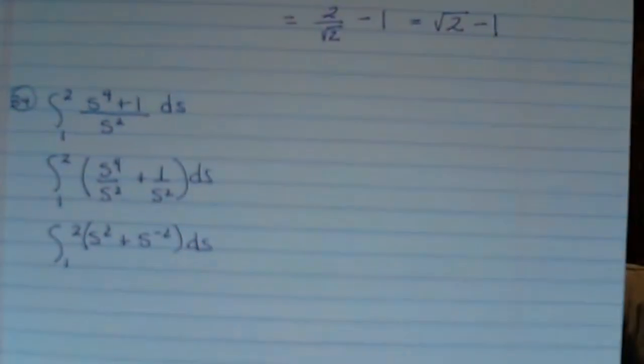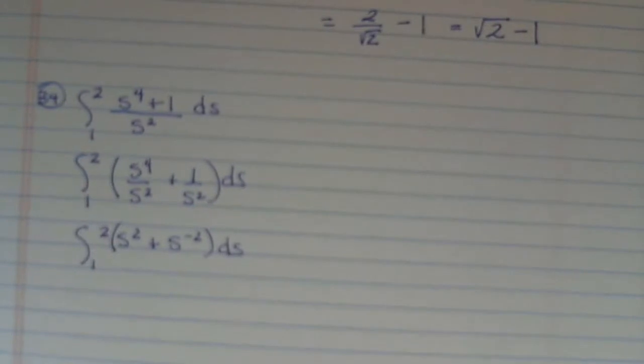Well, simplifying it one step further, that becomes the integral from 1 to 2 of s squared plus s to the negative 2 ds. Looks like this. Well, we can take the antiderivative of both of those. The antiderivative of s squared is going to be s cubed divided by 3.